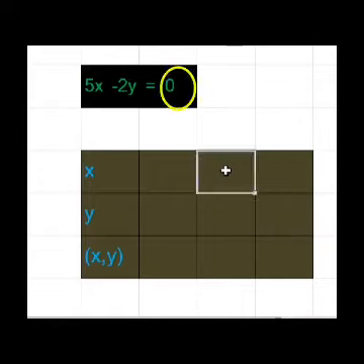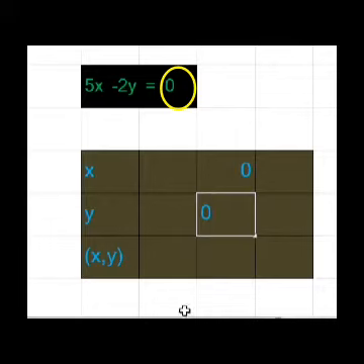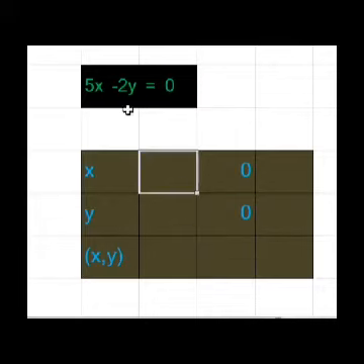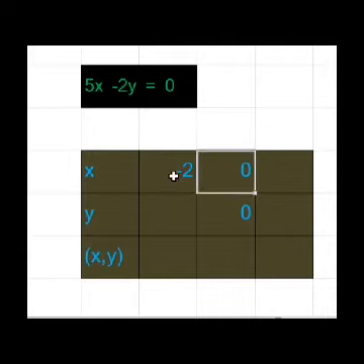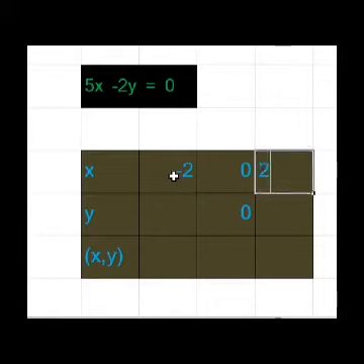If the constant of the equation is 0, then put the values of x and y both 0 in one column. And find the second value of x with the coefficient of y, minus 2. With the help of AP, minus 2, 0, the third value of x is 2.